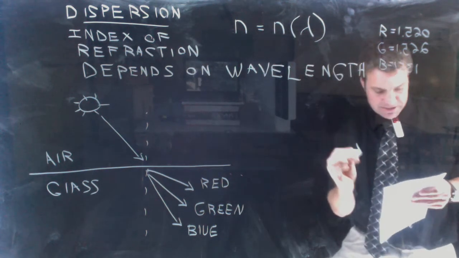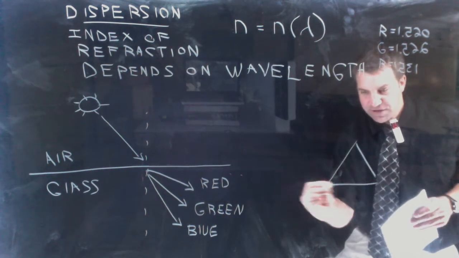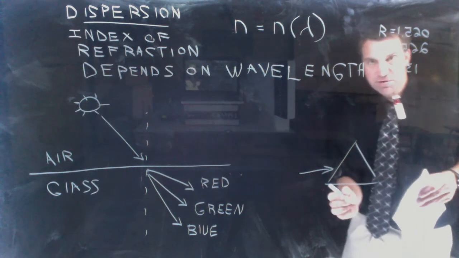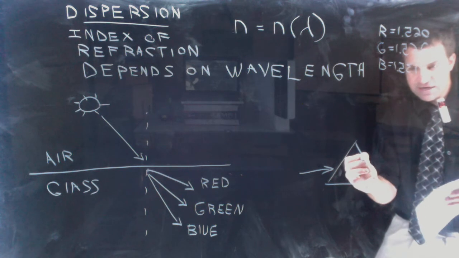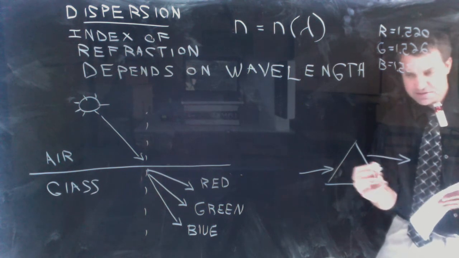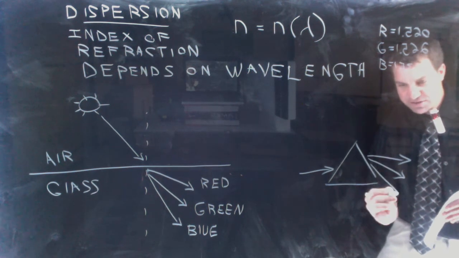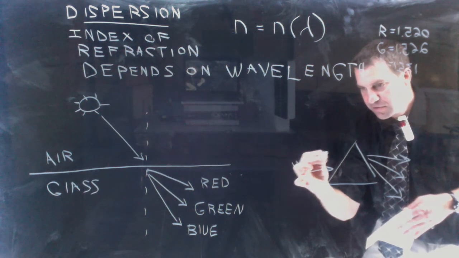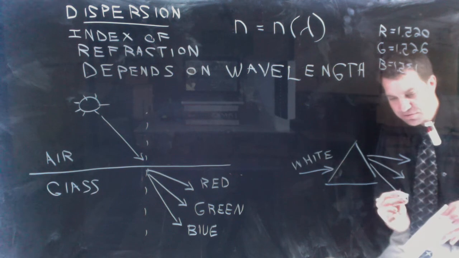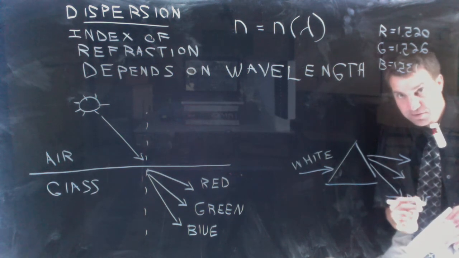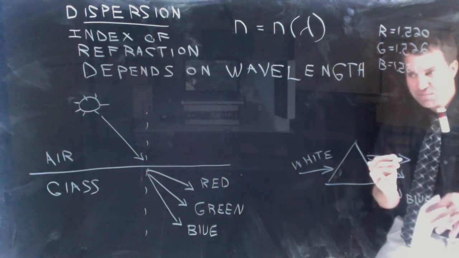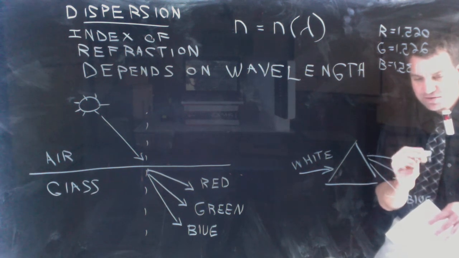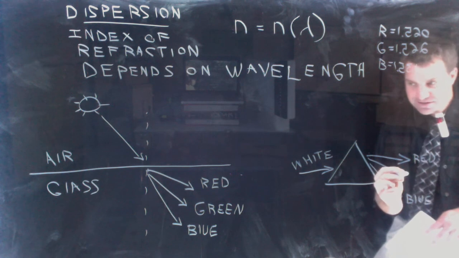And what happens is the different colors spread out, and coming out the other side of the prism, you get three different beams. Okay? The bottom one's going to be blue. The top one would be red. And so the top one sees a different index.